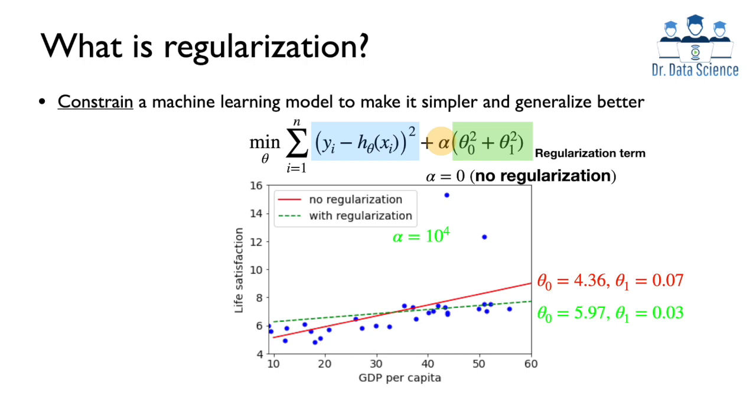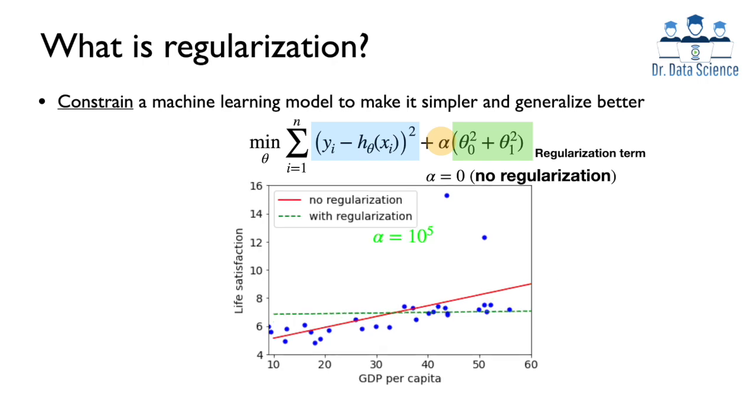And something that you want to take into consideration here is that when alpha equals 0, we don't have any regularization. And if we choose alpha too large, like what you can see here, 10 to the power of 5, then these parameters theta 0 and theta 1 should be very close to 0. Otherwise, they will be the dominant term in the optimization problem, and that's not ideal because we want to minimize the entire term, right?